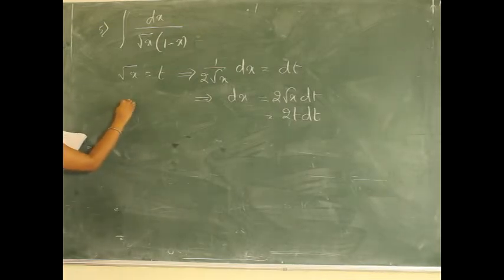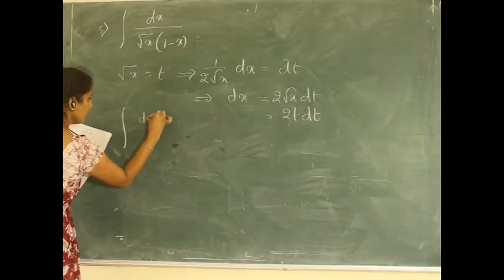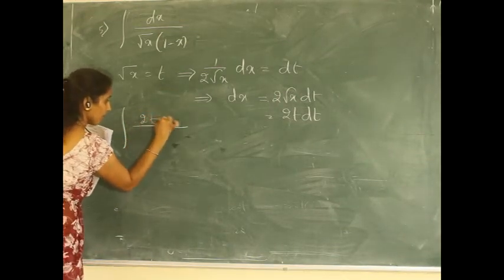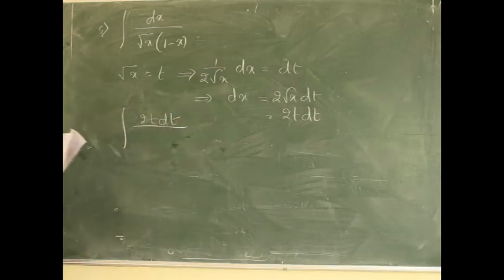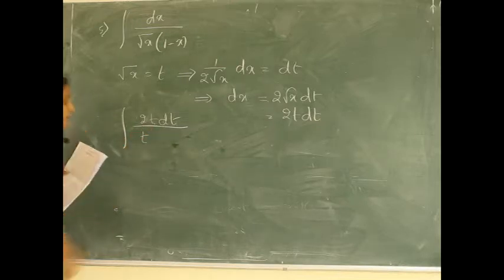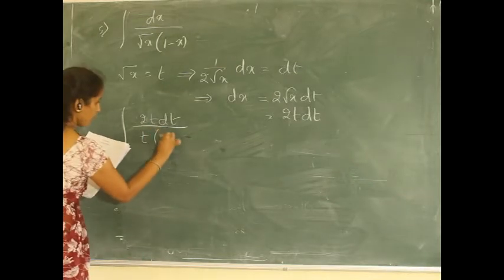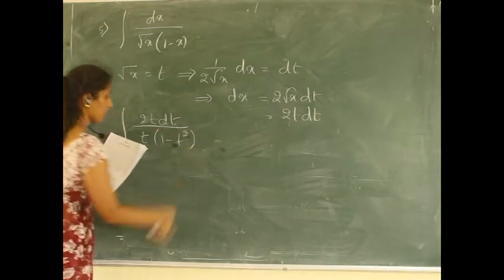So the integral becomes integral of, dx we can replace by 2t dt, and root x can be written as t, and 1 minus x can be written as 1 minus t square.